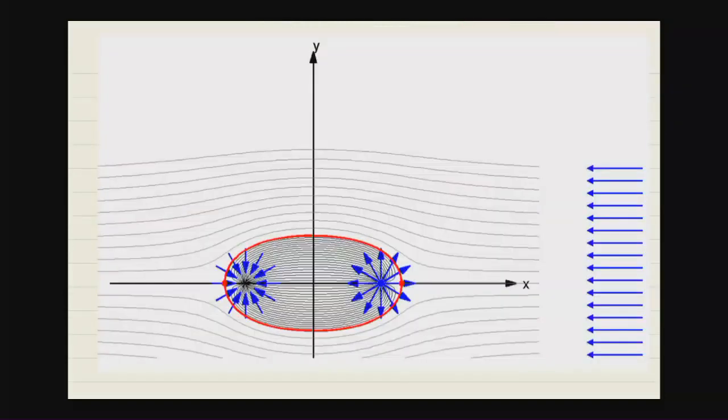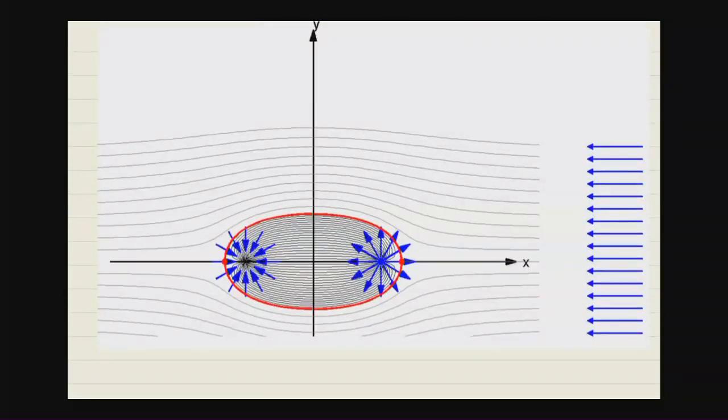If you have a look at this flow, we have a uniform flow from right to left. We have our source at the right-hand side of the origin and a sink on the left-hand side of the origin.